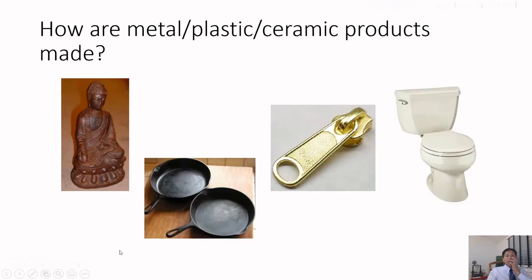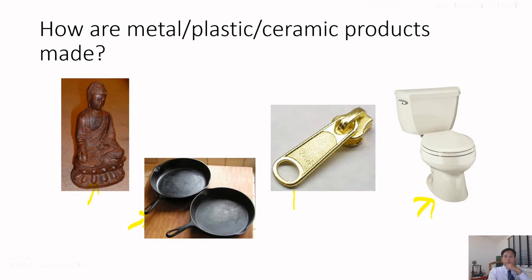All right, I'm going to start with this question. Have you thought about this question? How are metal, plastic, and ceramic products made, such as this Oriental statue, these cast iron cookware pieces, a zipper, or a toilet?